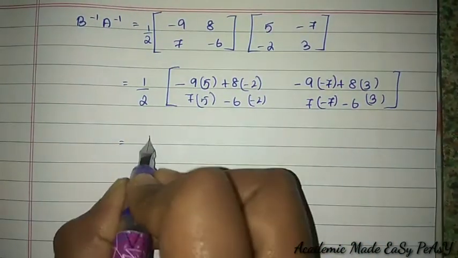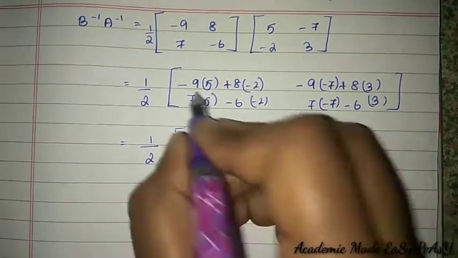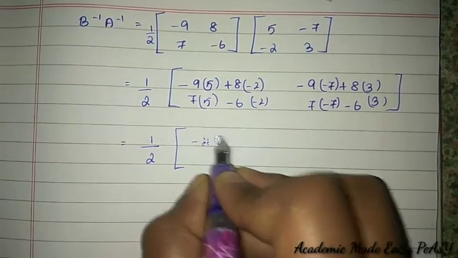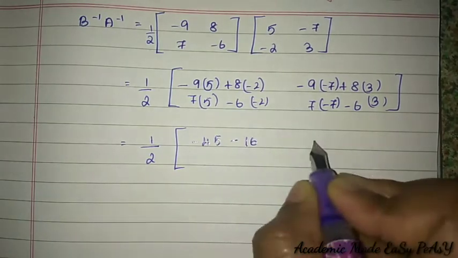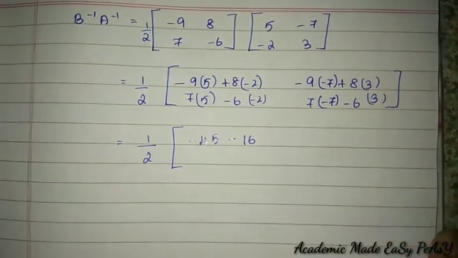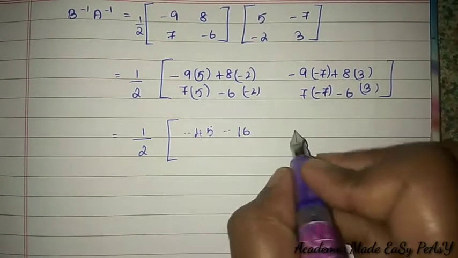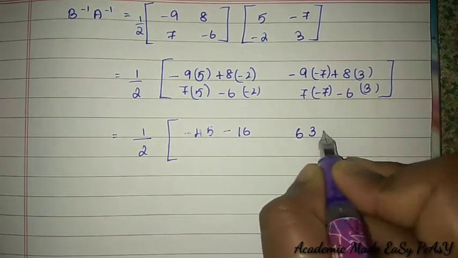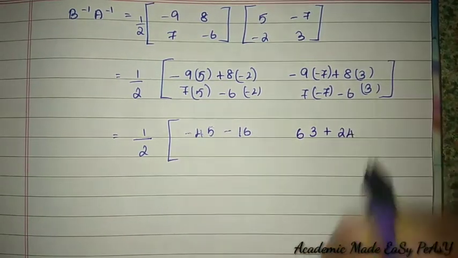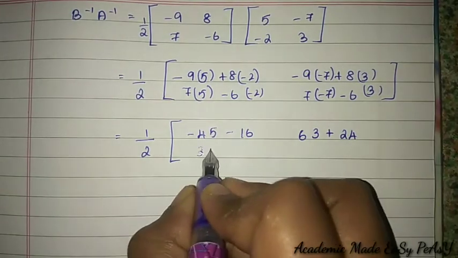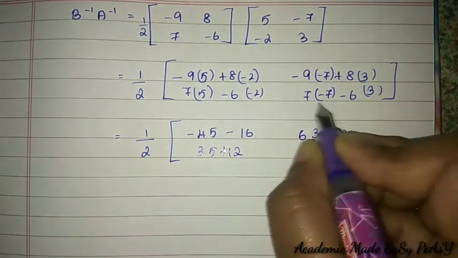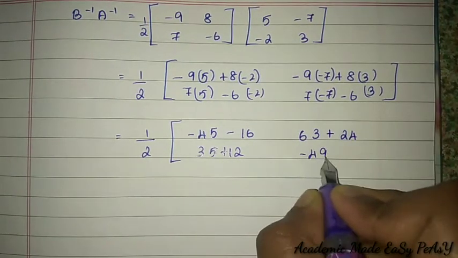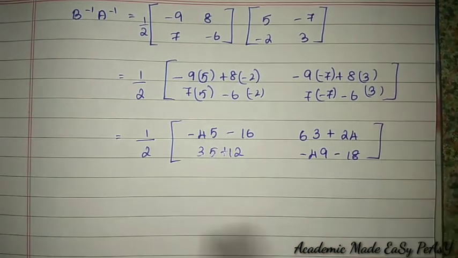So here it will be half of minus 45 minus 16, here 63 plus 24, 35 plus 12, and minus 49 minus 18.